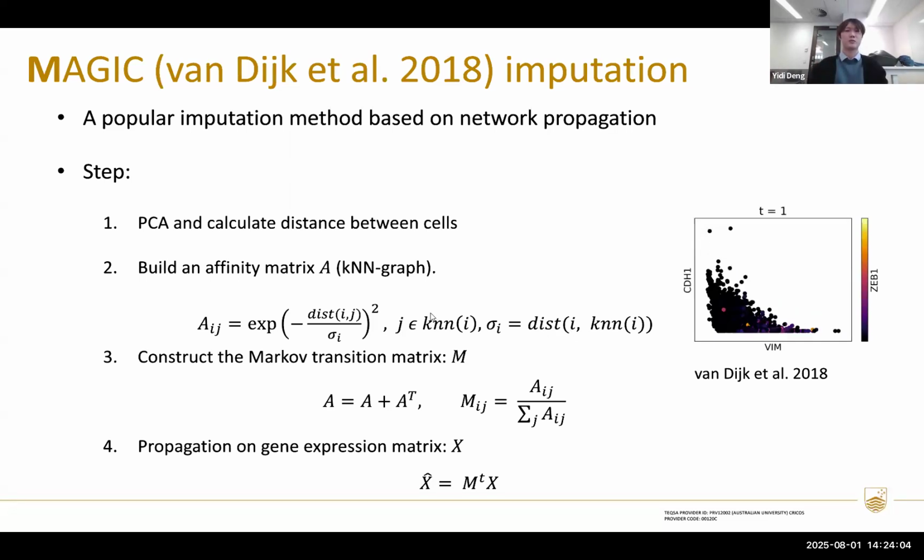So this measures similarity in single cell expression profile. Then we symmetrize the affinity matrix and row normalize it such that the row sum equals 1, so this is a Markov transition matrix. The propagation is then simply done by applying the exponent of the Markov transition matrix to the gene expression matrix. Basically, we are taking a diffusion random walk of cell expression on this affinity graph.